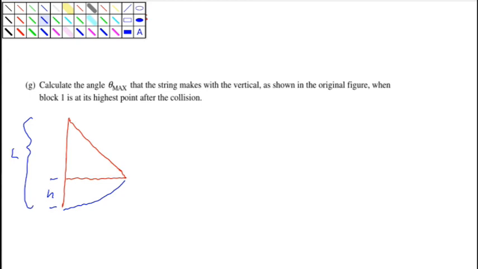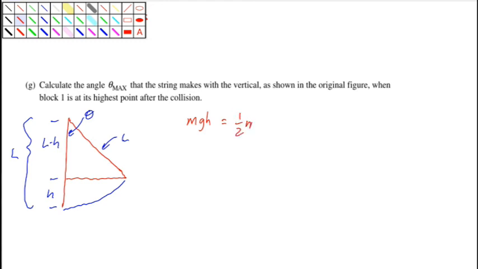That's the initial length of the string. So that tells us that this length in here is going to be L minus h, and this length over here is L again. And what we have inside of here is theta. So we have our physical relationships here, and what we know is that mgh, that's our potential energy, the change in potential energy is going to be equal to the change in kinetic energy.